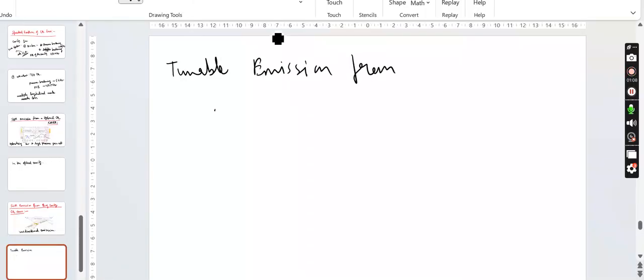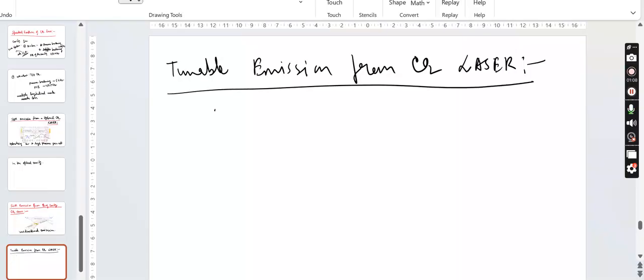The next technique is tunable emission. The next thing is how we get tunable emission from carbon dioxide laser. We know that it can lase over transitions in the 9 to 10 micrometer range.